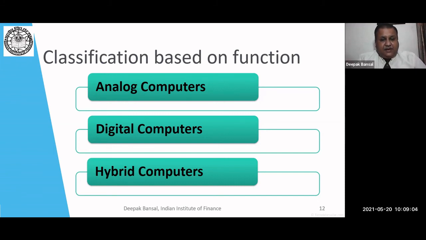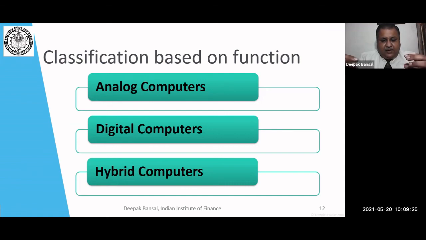Then comes the hybrid computers. Hybrid computers are basically a combination of analog and digital computers, used in process control.